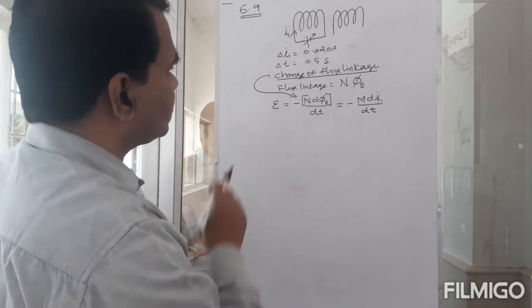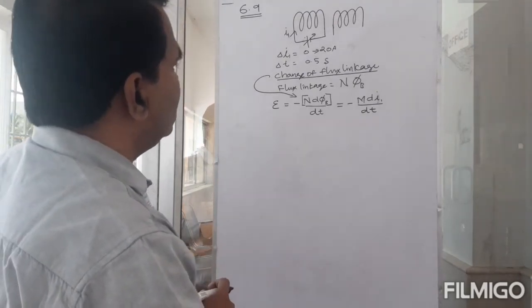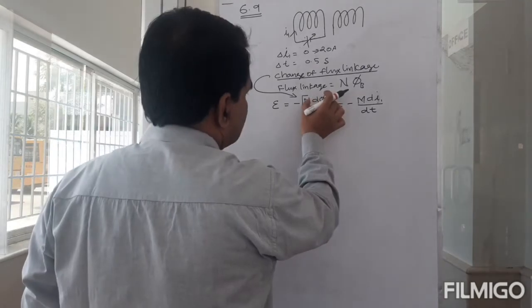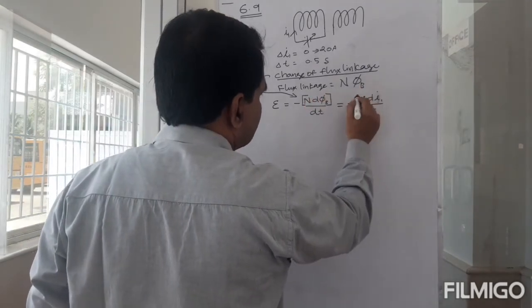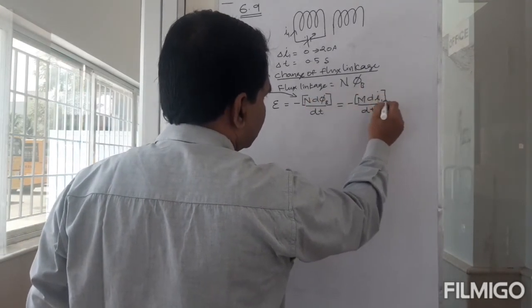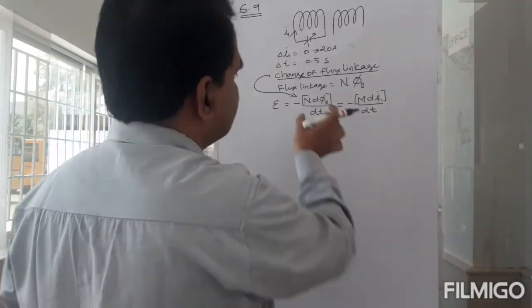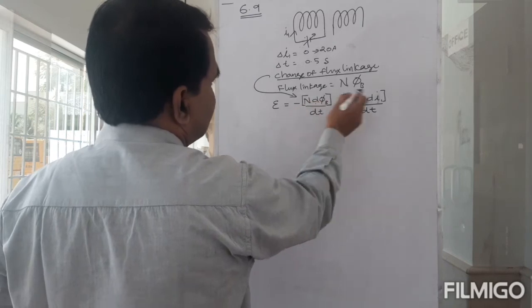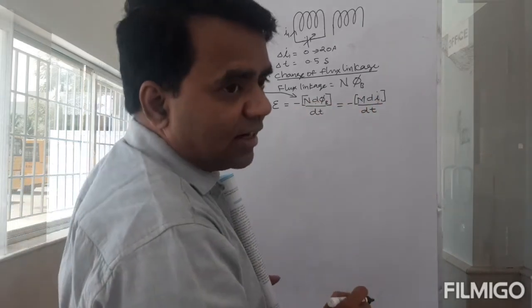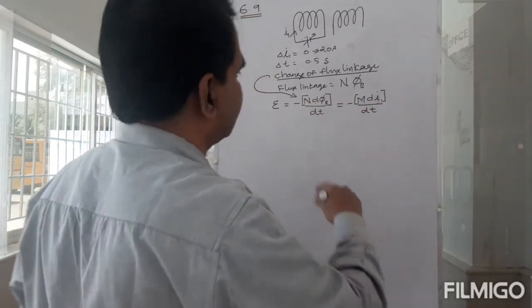So if this is a flux linkage, this must be the flux linkage too, because in the denominator you only have dt. So this is flux linkage and this must be flux linkage. M dI is the flux linkage.